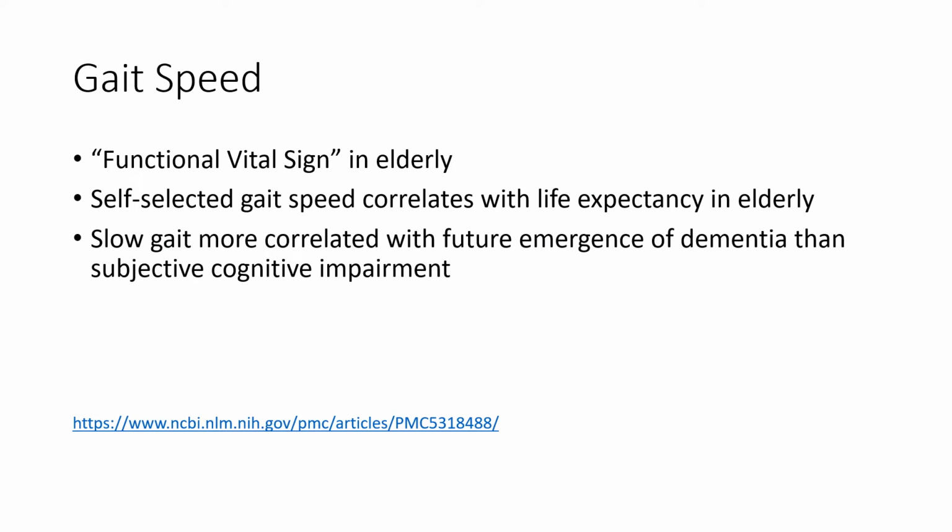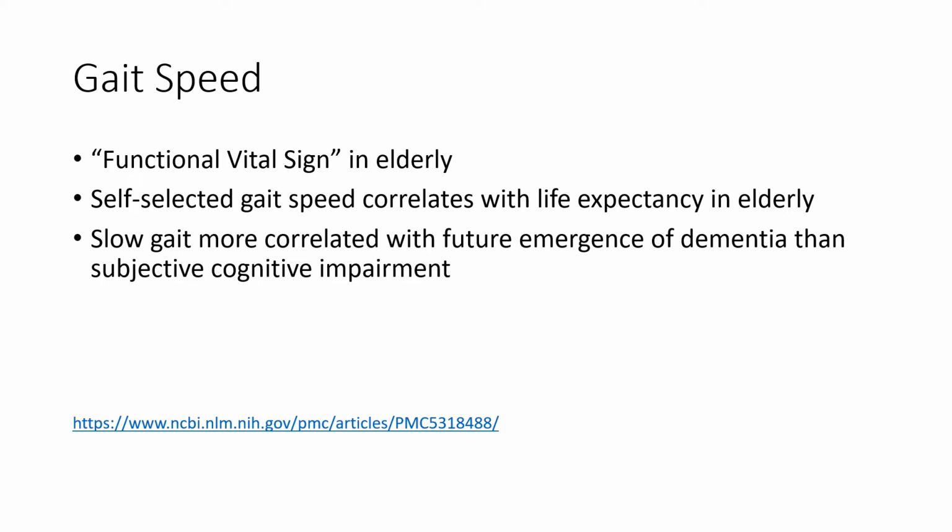Gait speed. So the functional vital sign in elderly is considered gait speed, and this is really important. Self-selected gait speed correlates with life expectancy in the elderly. Any sort of slow gait is correlated with future emergence of dementia rather than actually subjective cognitive impairment. So that's really important to discuss with our patients.